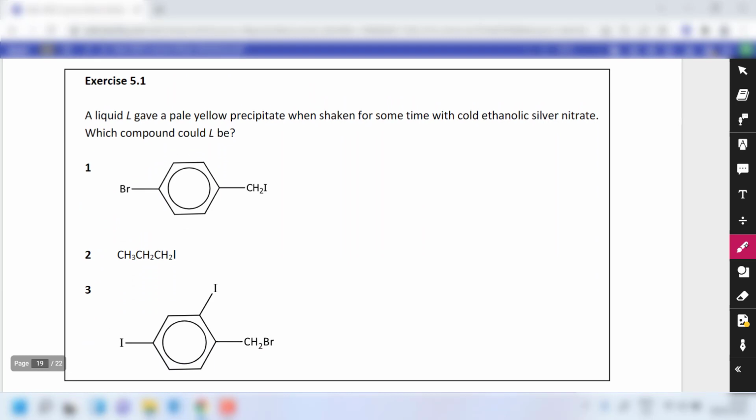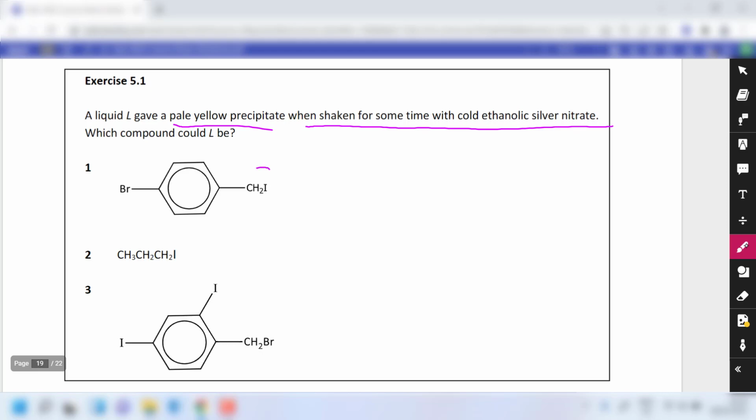Next we'll look at exercise 5.1. We have a liquid L that gave a pale yellow precipitate when shaken for some time with ethanolic silver nitrate. What could L be? First of all, I need to look out for an iodo group directly bonded to an sp3 hybridized carbon.